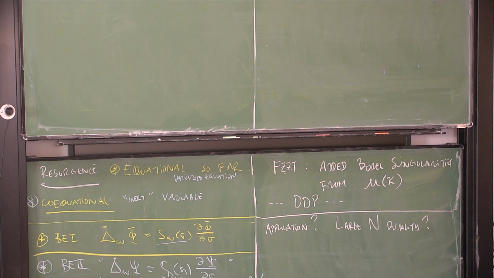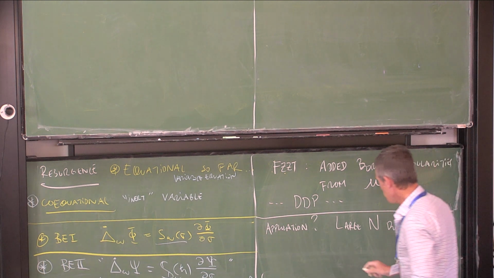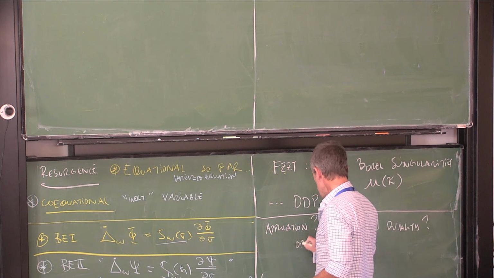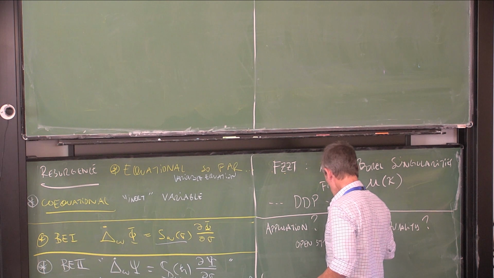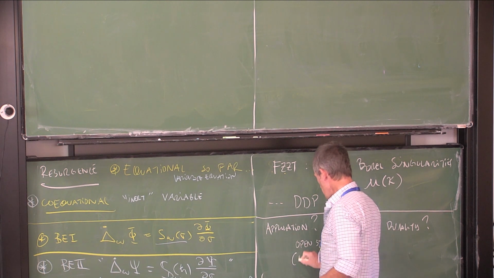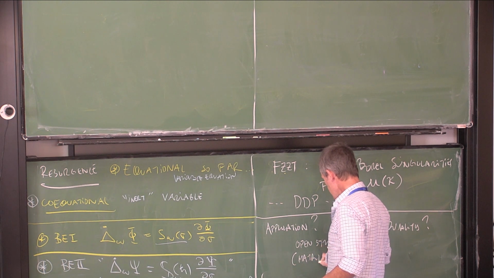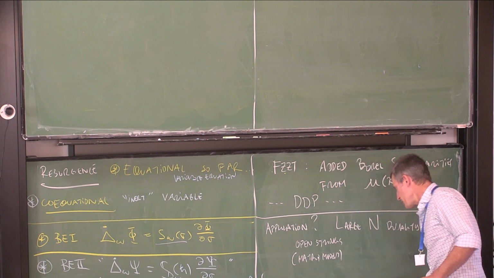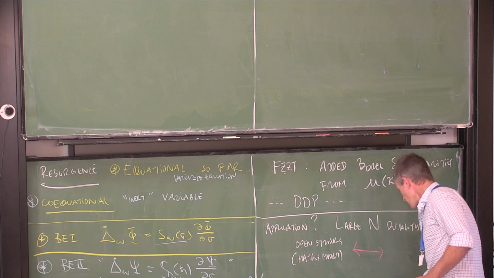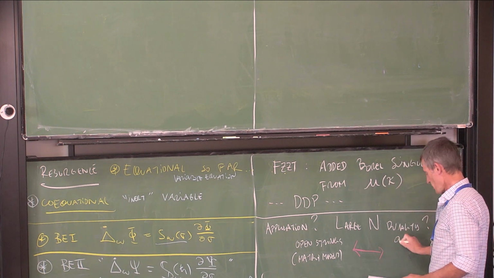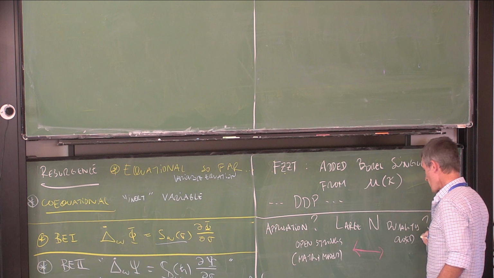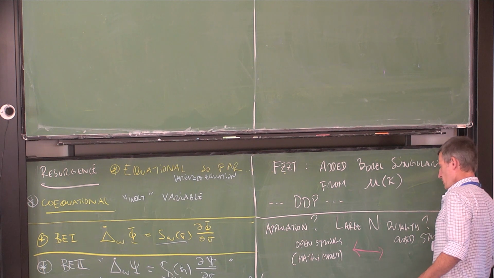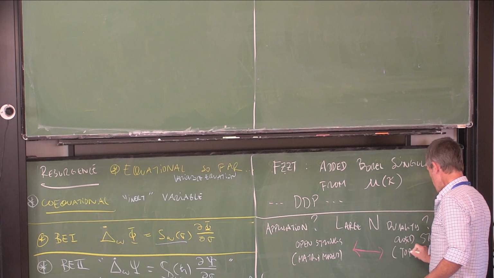Can you learn anything about large N duality between, basically, if you will, open strings, which for us is going to be matrix models, and closed strings, which for us is going to be basically topological strings?